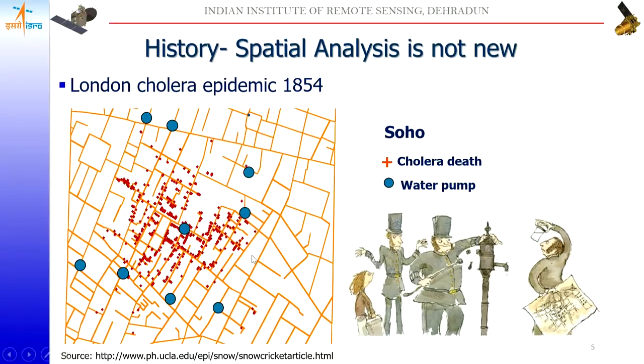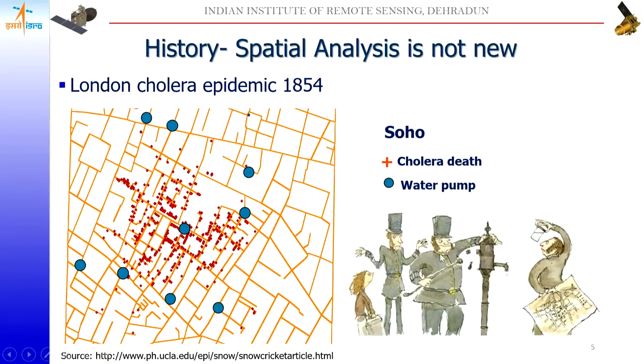The moment he plotted it, the pattern became evident. Most of these deaths were confined within the vicinity of the central water pump, from which most of the people were drawing water. Hence he was able to prove that this was caused by the water drawn from the pump.